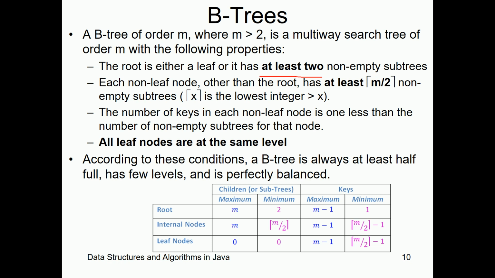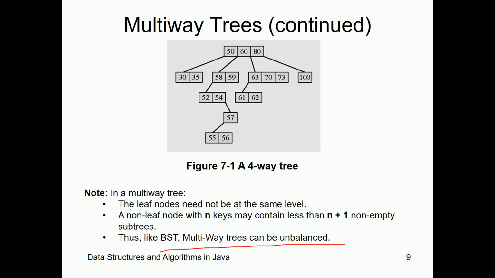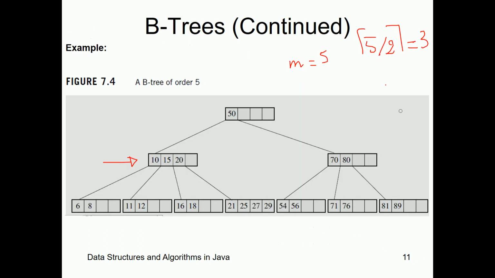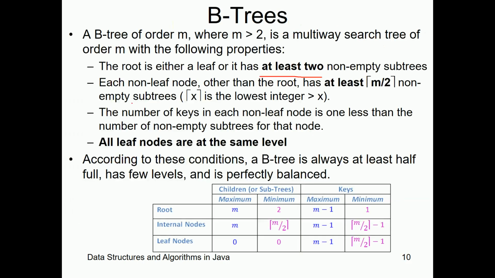The first number bigger than half of the number of children, because m is the number of children, and we would like to have a little bit more than half of it. So that's for the non-leaves. Of course the leaves don't have anything, but the non-leaves have at least 3. So these are the rules, at least 3 when m is equal to 5.